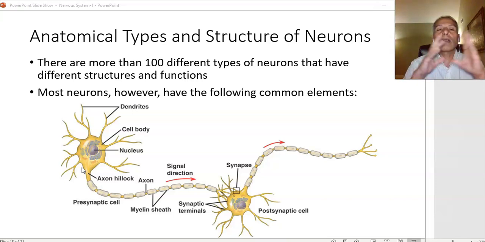If these are 500 signals, 5,000, 10,000, 50,000 signals, they are all processed inside of this axon hillock. So the axon hillock determines if the neuron is going to fire a signal or not.